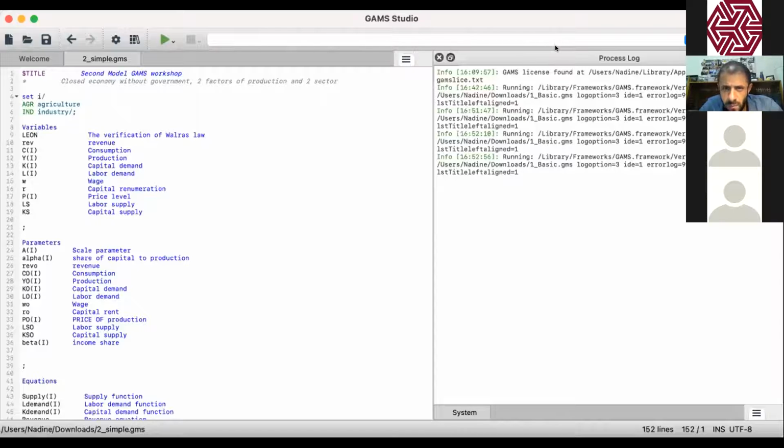Actually, I opened under a new project, because before I opened the GMS file under the basic project, so it was seeing the basic model first. But when I open a new folder, like a project, the problem was solved.